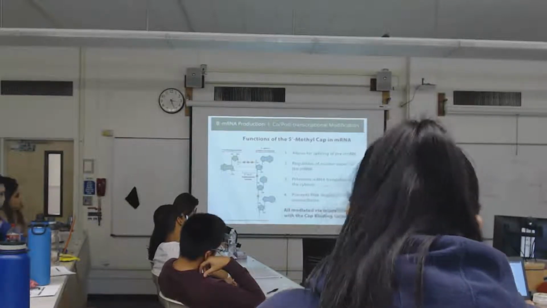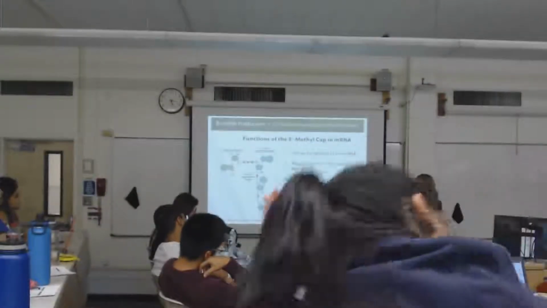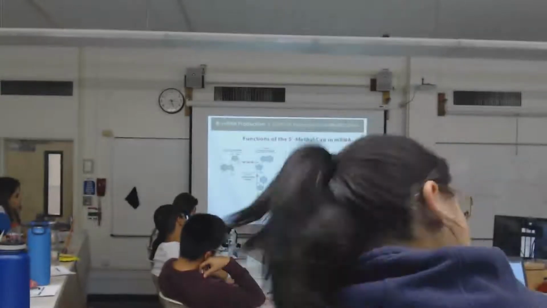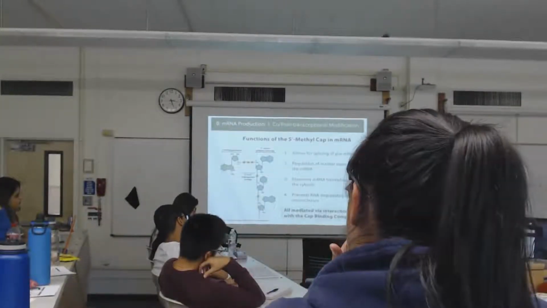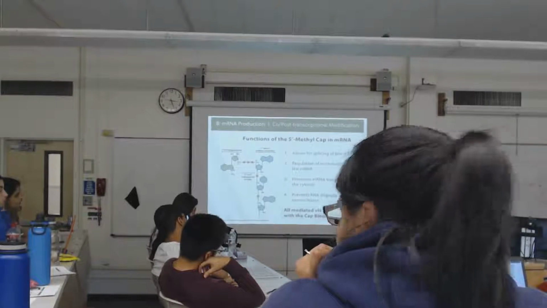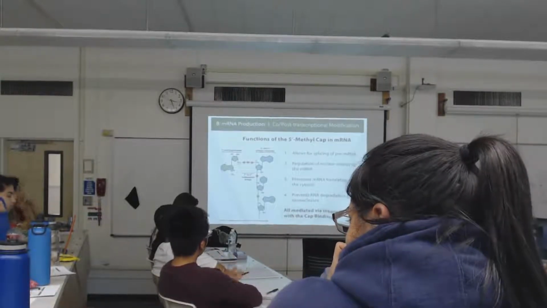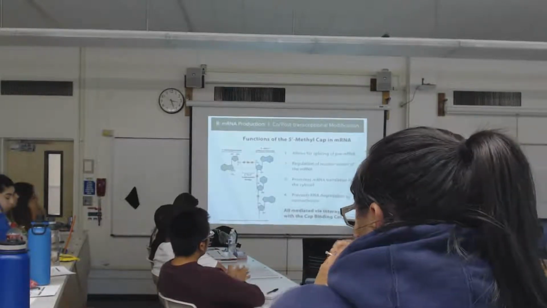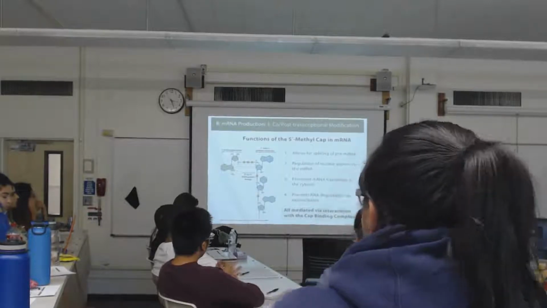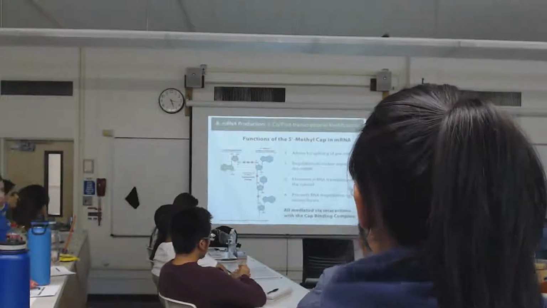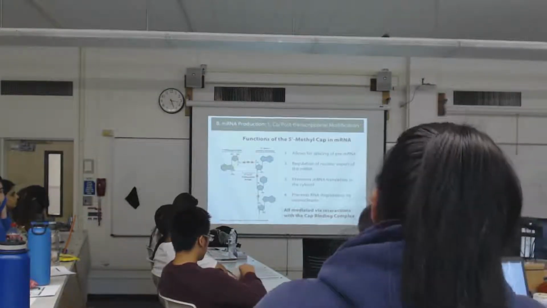So now the cap doesn't get added. What happens is splicing gets messed up. Export doesn't happen. If you were somehow able to get that transcript to the cytosol, it would not be translated, and it would get chewed up by exonucleases.